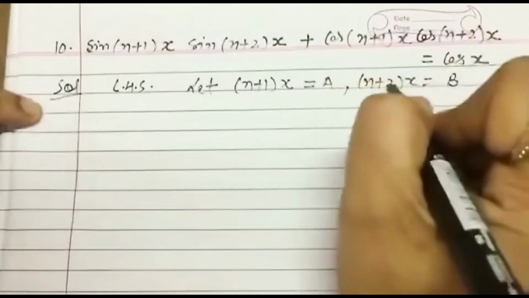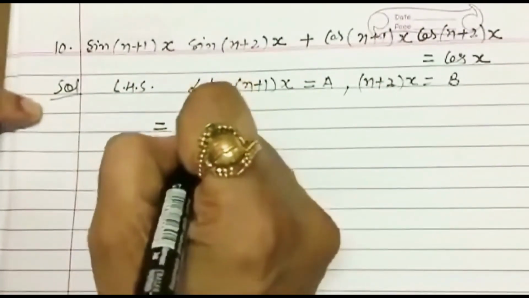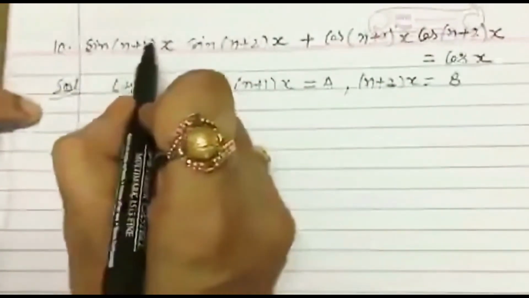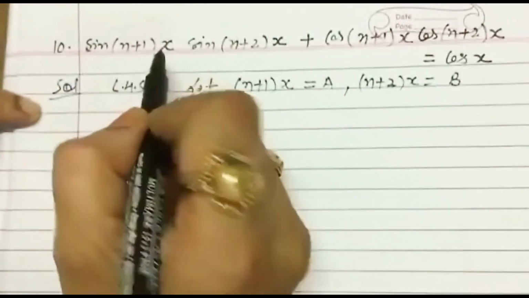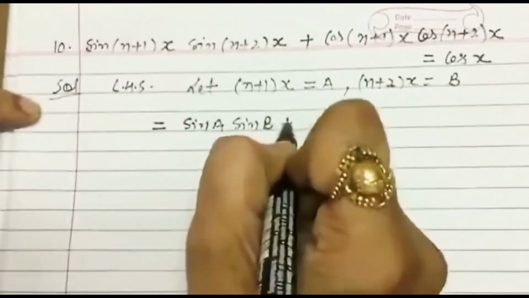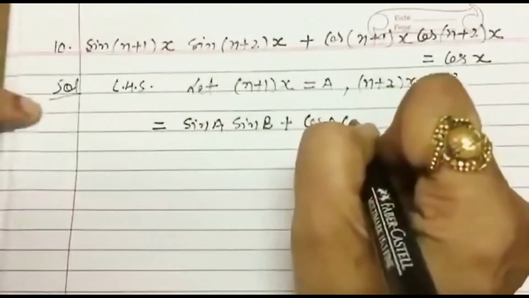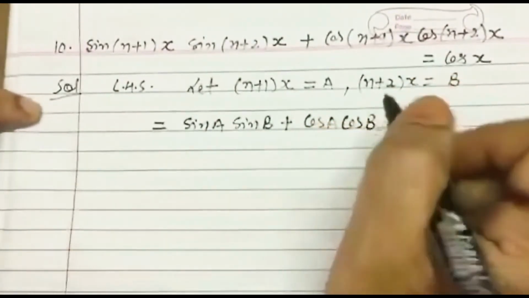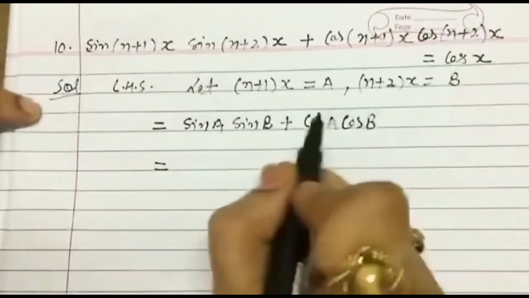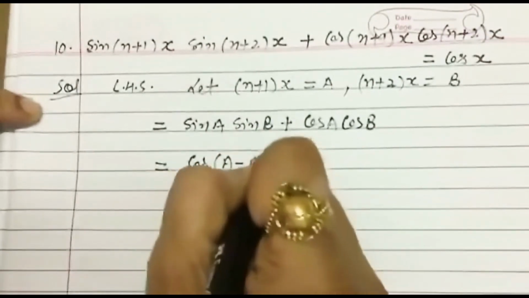So now it is sin a, writing a in place of (n plus 1)x, and sin b, plus here cos a and cos b. Now it is the formula of cos(a minus b). So write cos(a minus b).